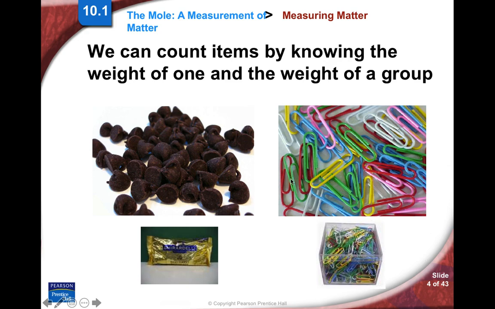Paper clips can be assembled into the containers they're sold in by weighing out a set mass of paper clips. There's very few people on the planet that are going to open up their box of paper clips and count to be sure they got exactly 100.